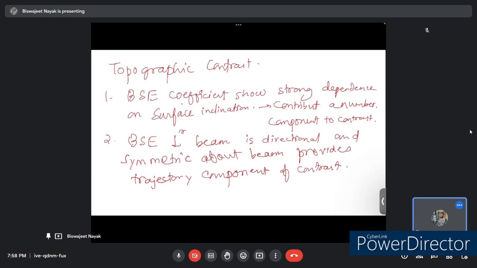This again provides a trajectory component too. So electrons falling on any tilt also provide a trajectory component to the contrast.